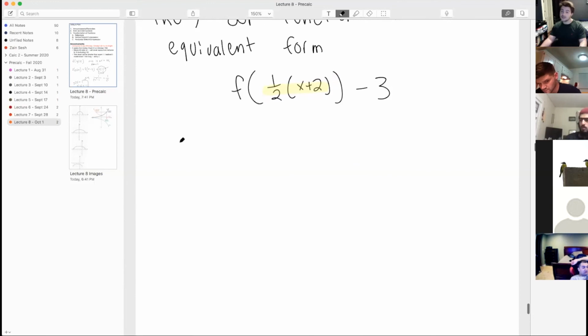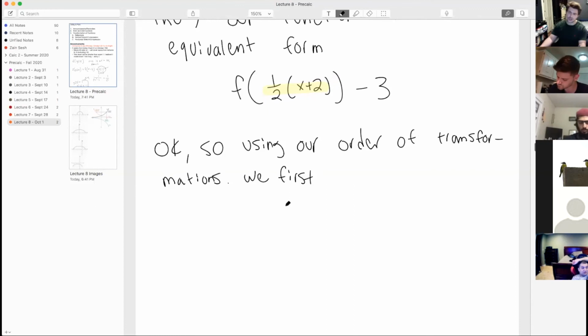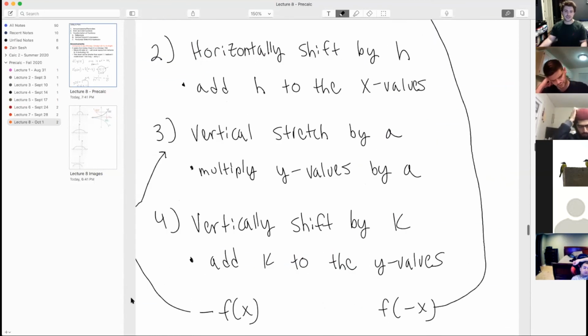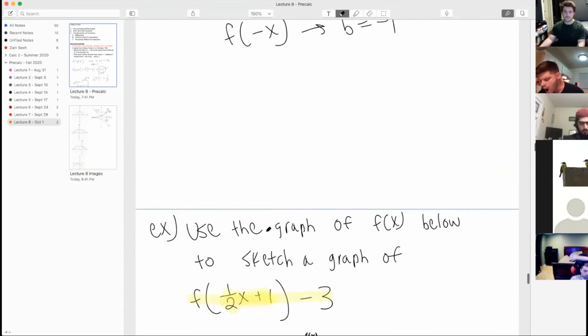All right, so now let's do that. Using our order of transformations, if you just look back in your notes, or if I were to scroll up here, the first thing we do is horizontally stretch by 1 over b.